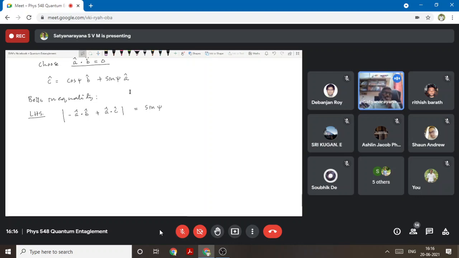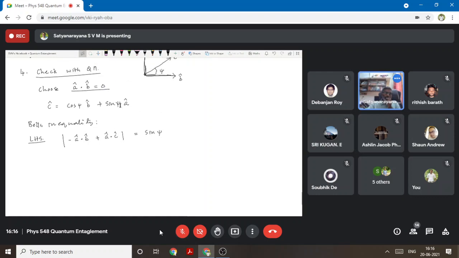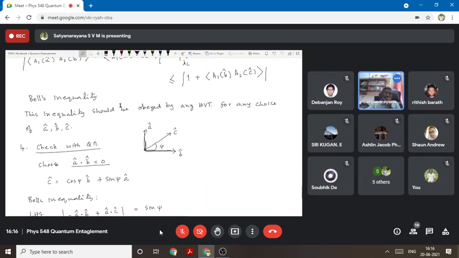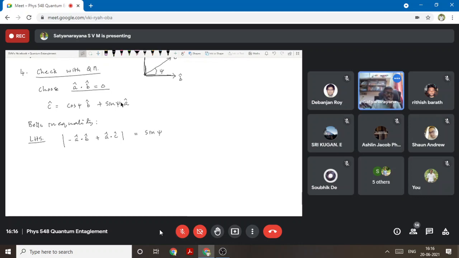Correct? That is the left hand side. What about the right hand side? The right hand side is the modulus of 1 minus b dot c, so that is equal to 1 minus cos psi.